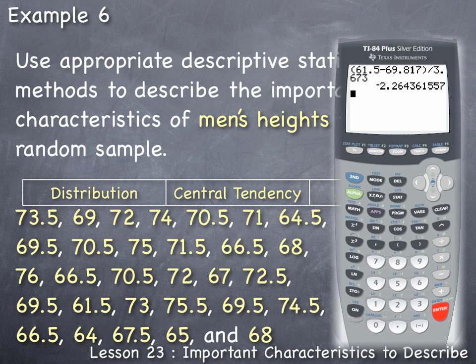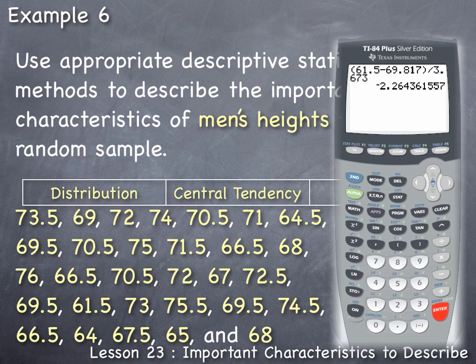Enter. Here the standard score is negative 2.26, which is an unusually short height for a male because it does go beyond the 2, but it's not extremely unusual because it doesn't get to the negative 3 or lower. So this is not an outlier.